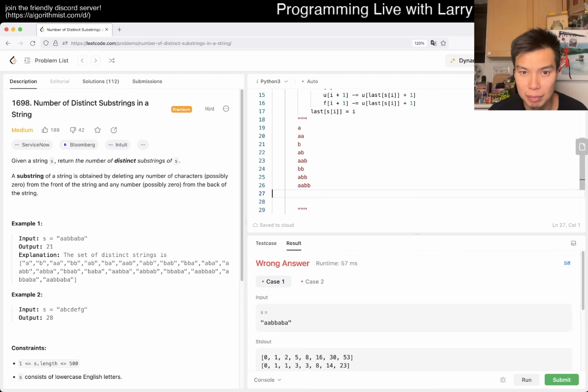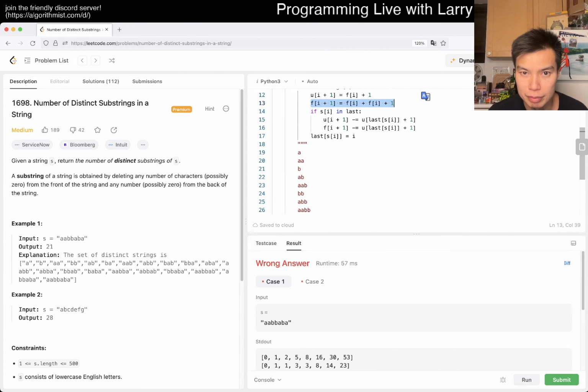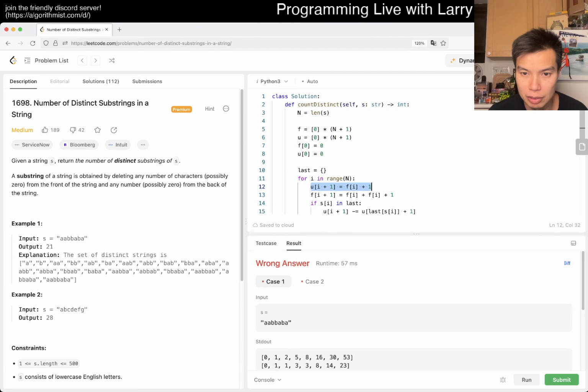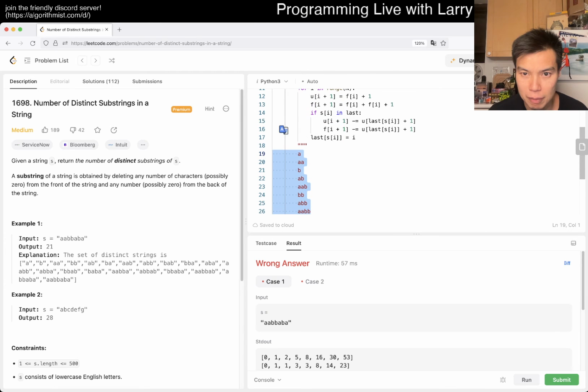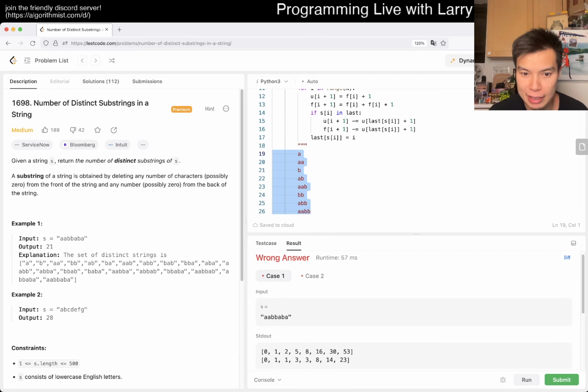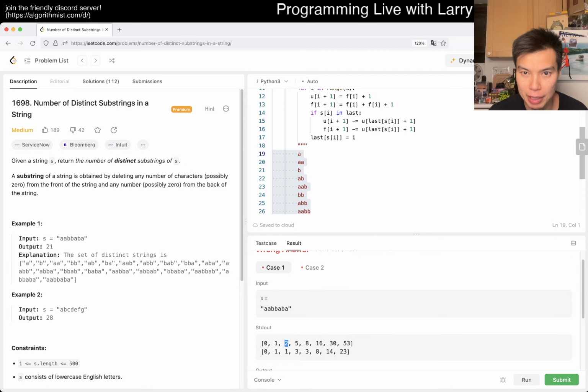In any case, so we have 17 here. Number of unique is going to be, yeah, all these plus 1. But then the last A is going to be here, so then minus 2.